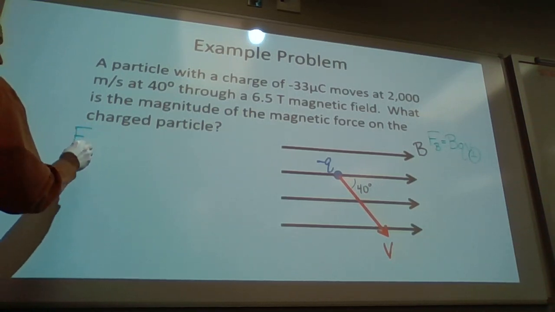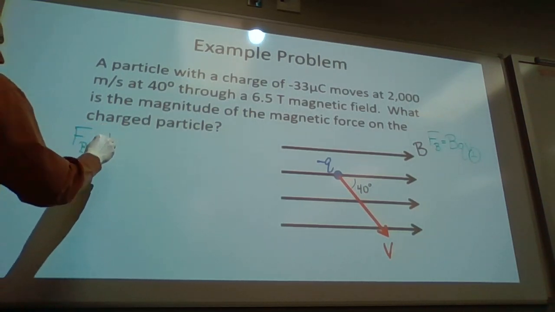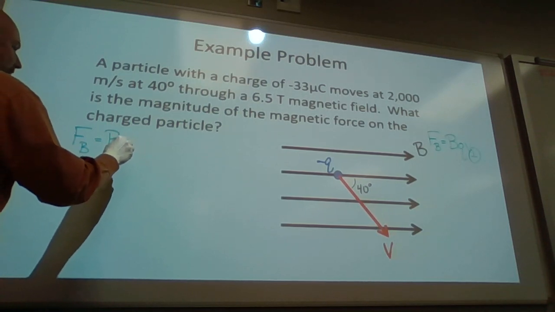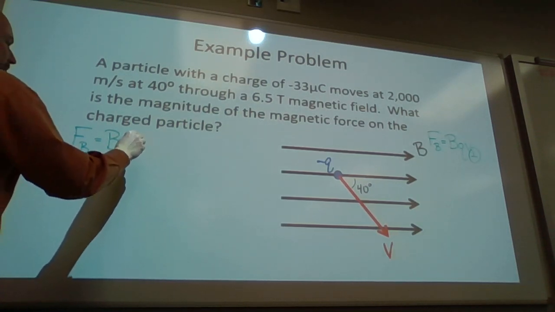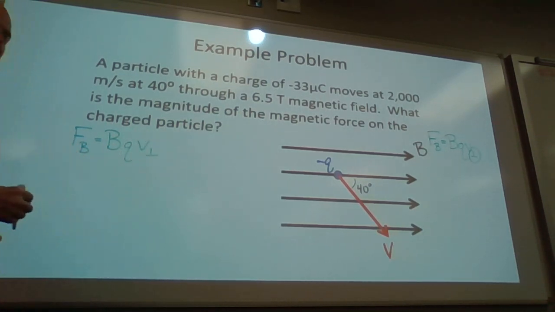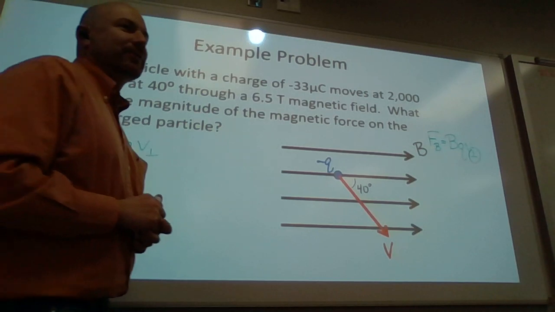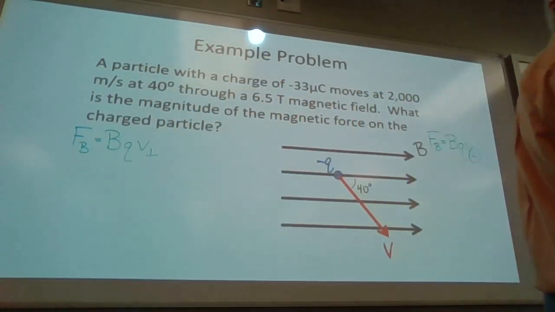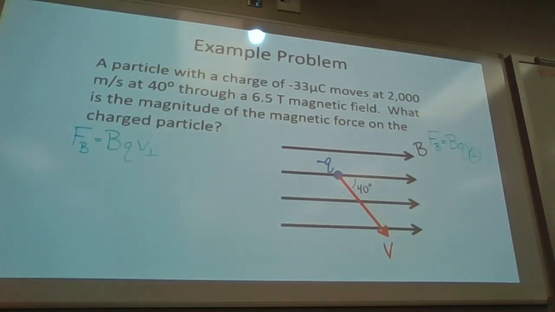All right, so magnetic force is equal to magnetic field times the charge times the velocity perpendicular. So what are we going to have to do? Use vectors and find the components. Oh, buddy. Okay, those in pre-cal, we need to switch back to degrees from radians.